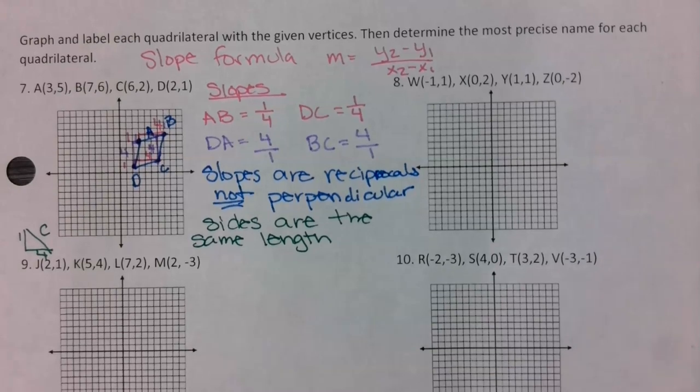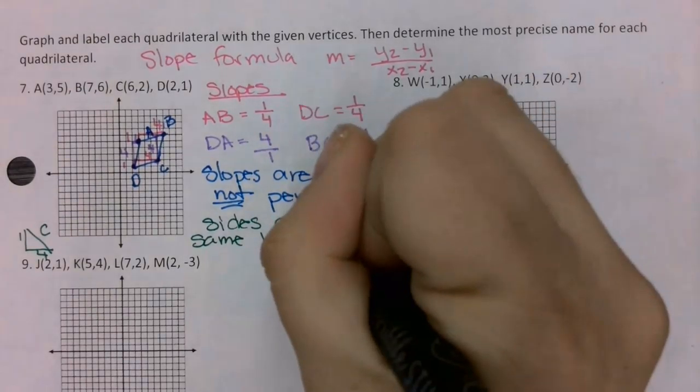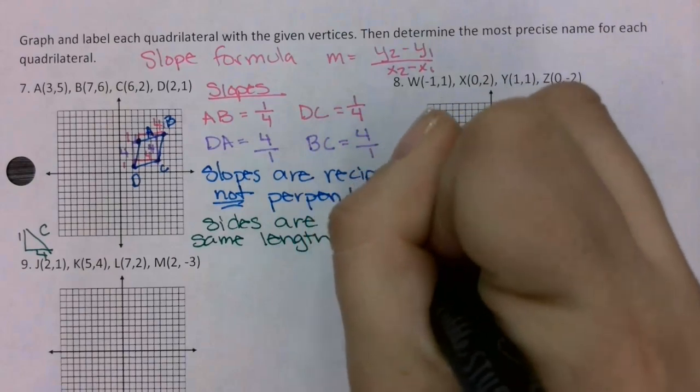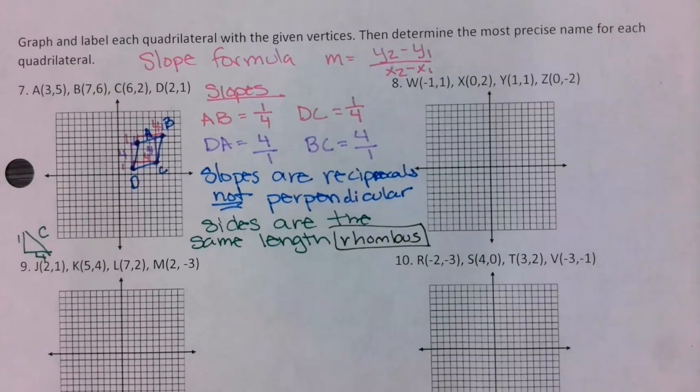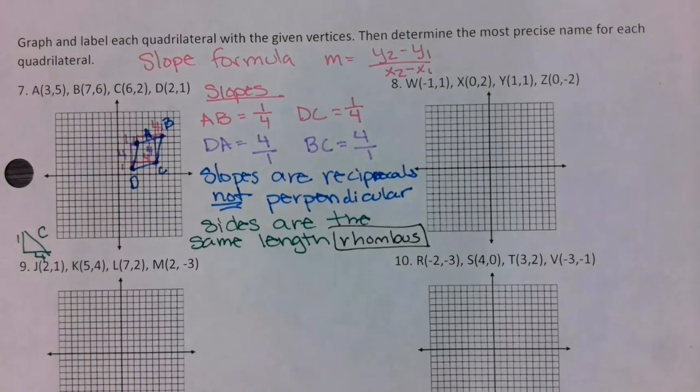A rhombus. It did not leave me any room to write the word. Some of them will be easier, though. It's just because this one turned out to be a rhombus. Okay. Can I go to the back?